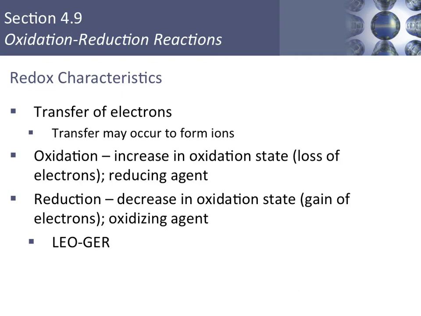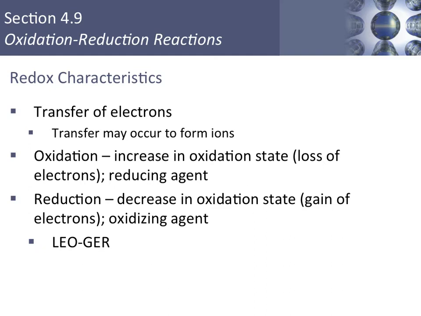Being able to assign oxidation states to the elements within compounds will help us analyze redox reactions. So in a redox reaction, again, we have a transfer of electrons. The transfer of electrons may form ions, but it may not. We are going to be looking at the substances that are oxidized in the reaction and the substances that are reduced in the reaction.